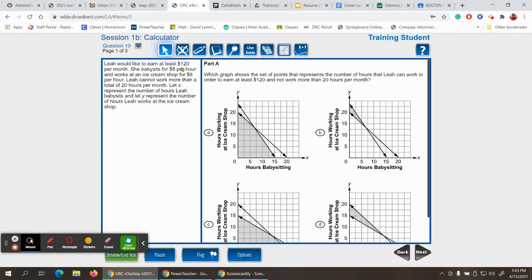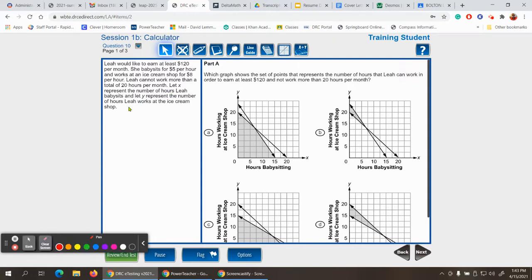Leah would like to earn at least $120 per month. She babysits $5 an hour and works at an ice cream shop for $8 per hour. Leah cannot work more than 20 hours per month. X represents the number of hours that Leah babysits, and Y represents the number of hours at the ice cream shop.